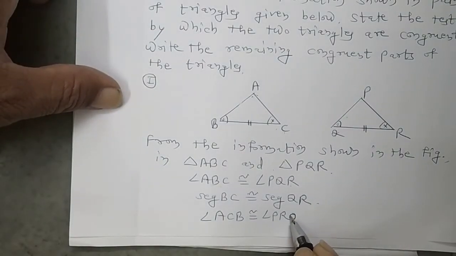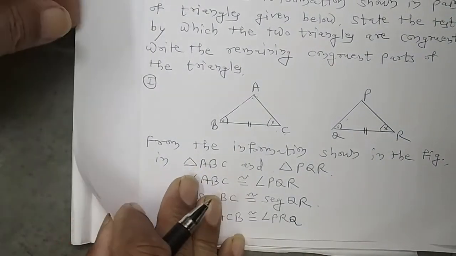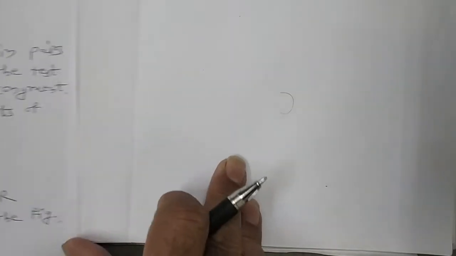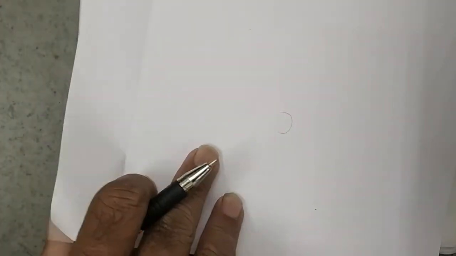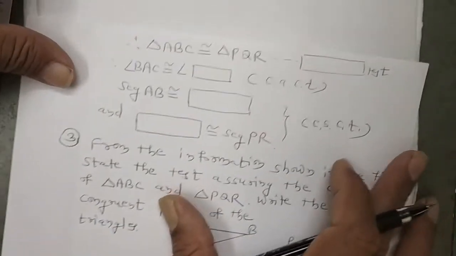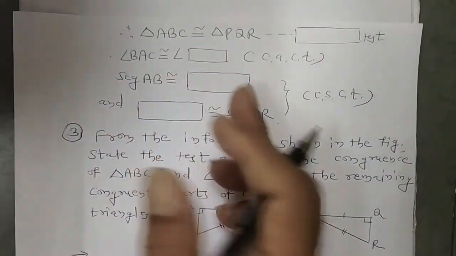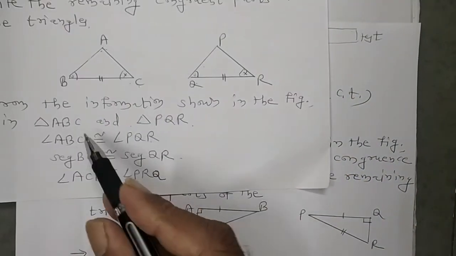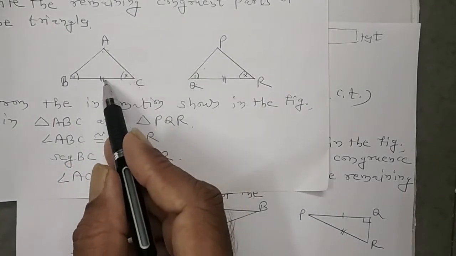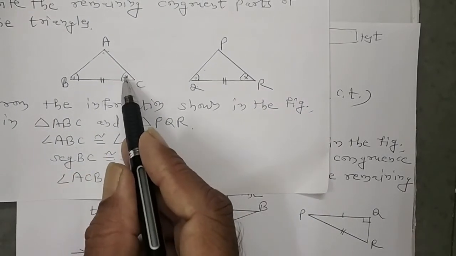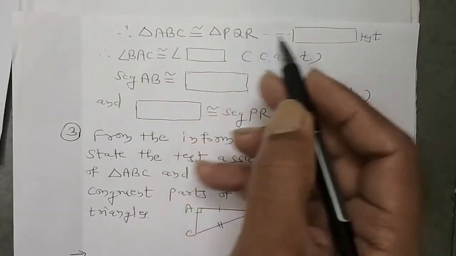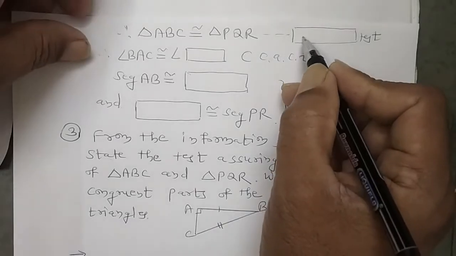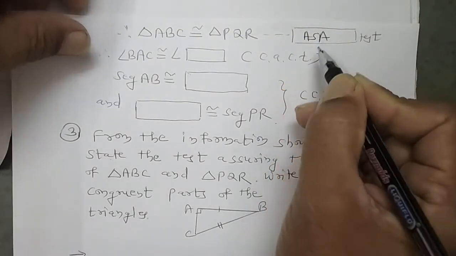Therefore, these two angles and one side are congruent, so by the ASA test, triangle ABC is congruent to triangle PQR.